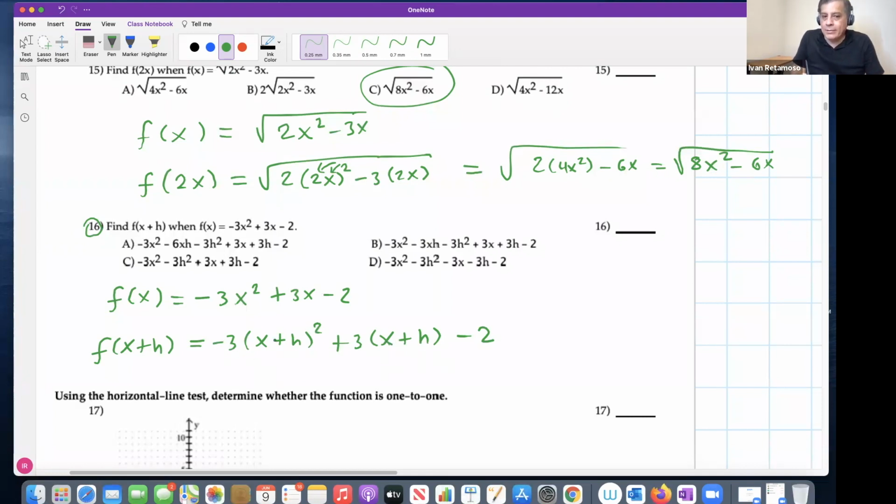Remember, x is just a placeholder, so you gotta square x plus h, multiply by -3, then distribute this, multiplying, and then subtract 2. It's gonna be a big thing, right? But try to find it, right? So figure it out.